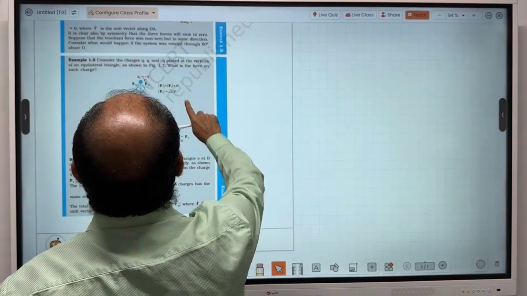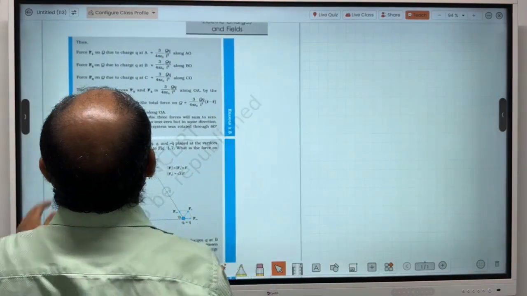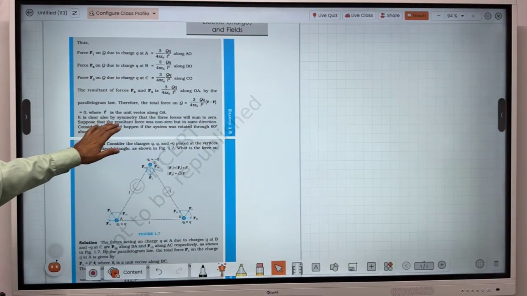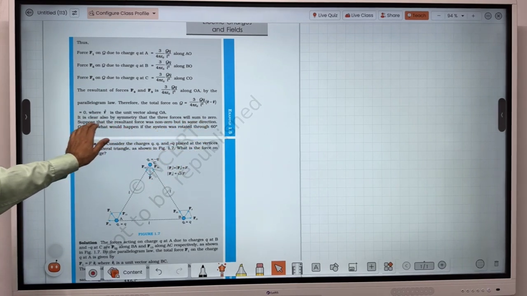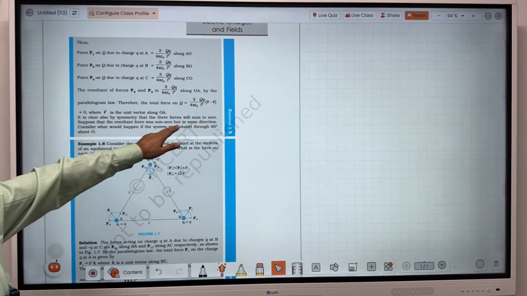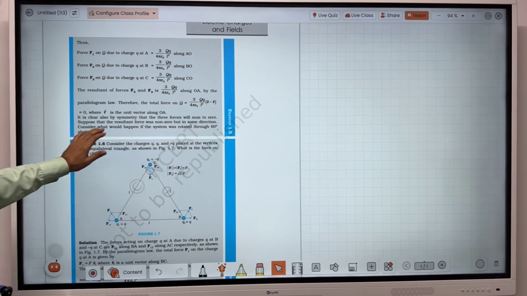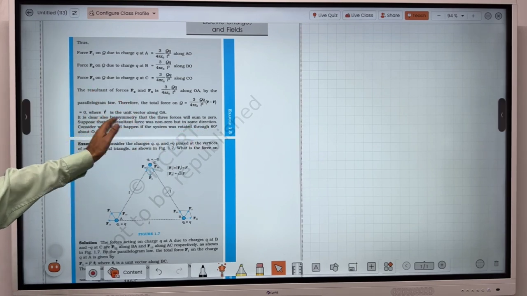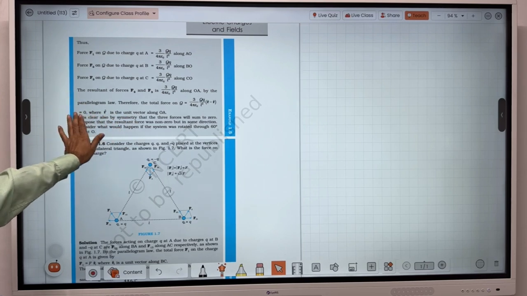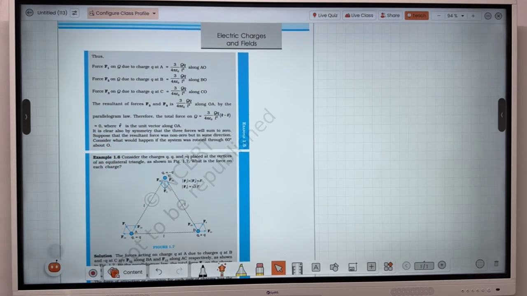It is evaluated, and in the last result it is clear by symmetry that the three forces will sum to 0. Suppose the resultant force was not 0 but in some direction, consider what would happen if the system was rotated through 60 degrees. That case we will consider later on, but you have understood that the net force will be 0.